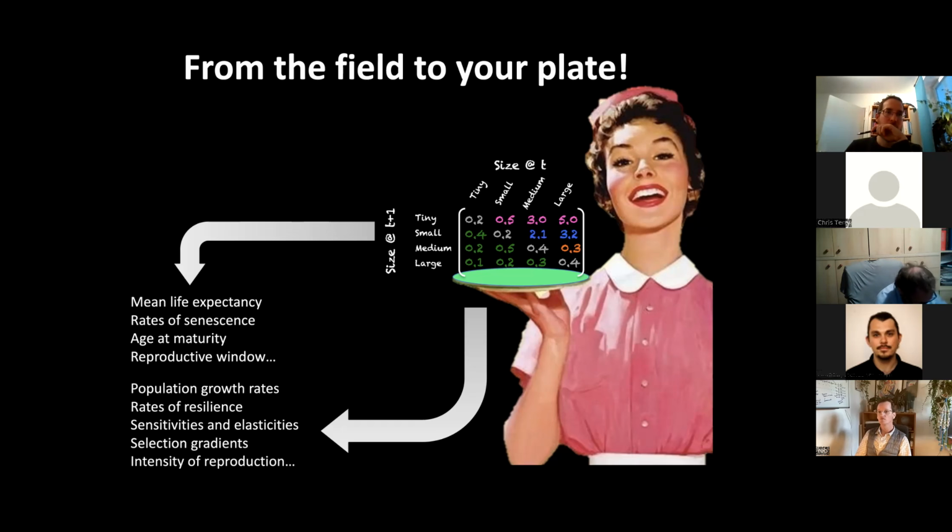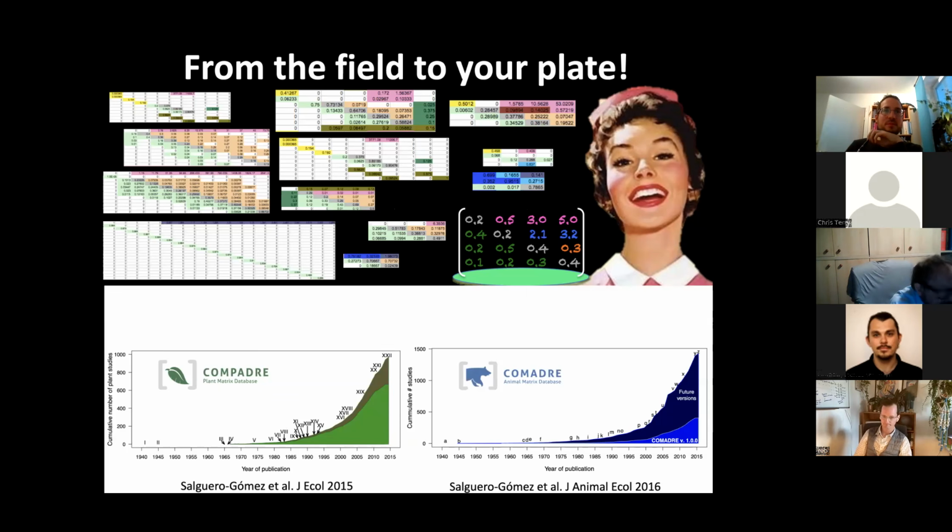So we can derive from a matrix population model or from an integral projection model mean life expectancy, rates of senescence, age at maturity. So every single feature along the life cycle that will define the key transitions in any species for which we have got data.